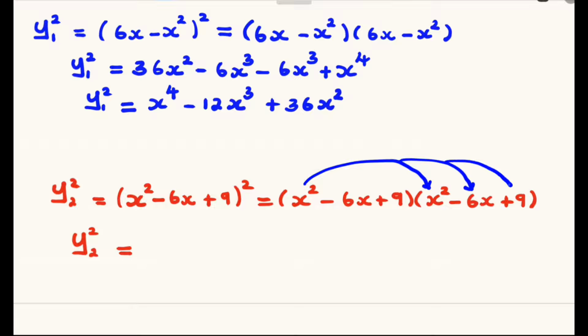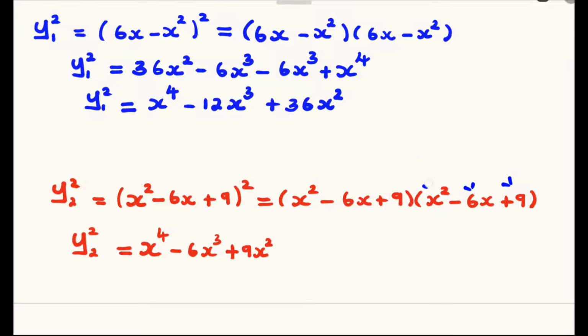So x squared multiplied by x squared will be equal to x to the power 4. X squared multiplied by negative 6x is negative 6x cubed. And x squared multiplied by 9 will be equal to positive 9x squared. We now distribute the negative 6x.